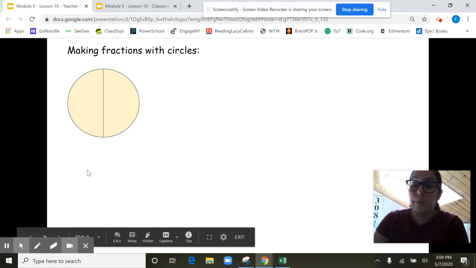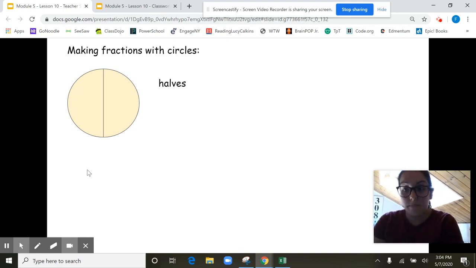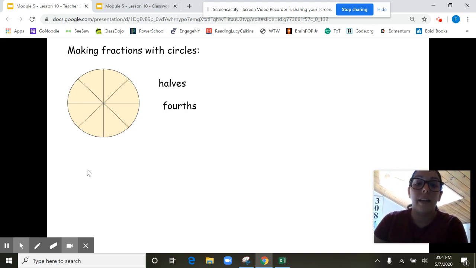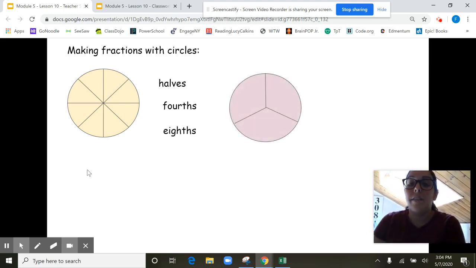So when we break up a circle, we have halves. 1, 2. We can have fourths or quarters. We can have eighths. We can have thirds. And we can have sixths.